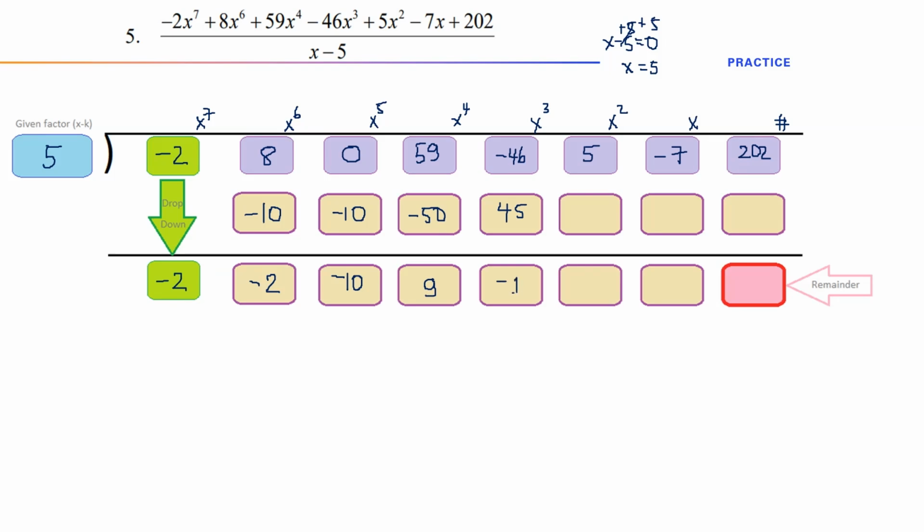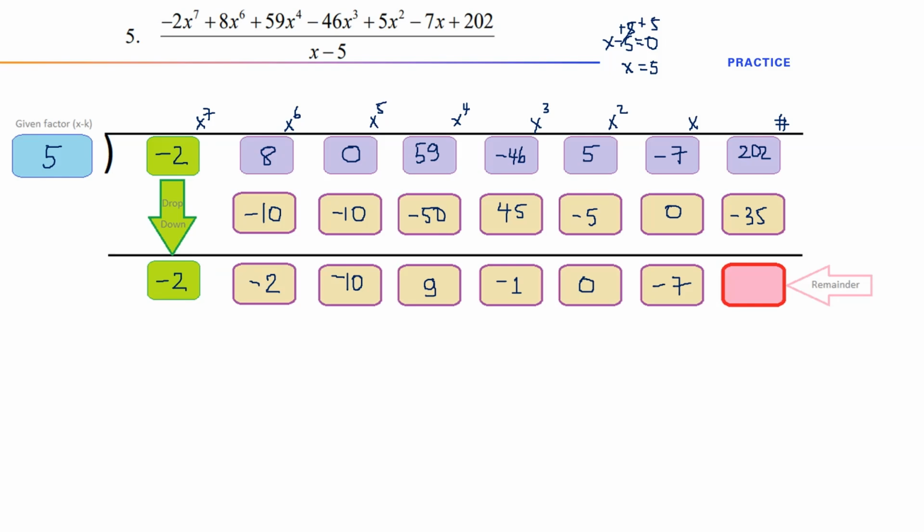That's negative 1. Negative 1 times 5, negative 5. We add 5, we have 0. 0 times 5 is 0. Plus negative 7 is negative 7. Negative 7 times 5 is negative 35. We add 202.